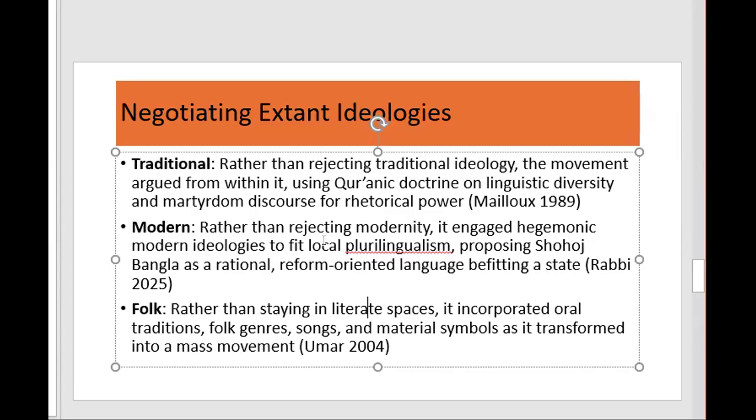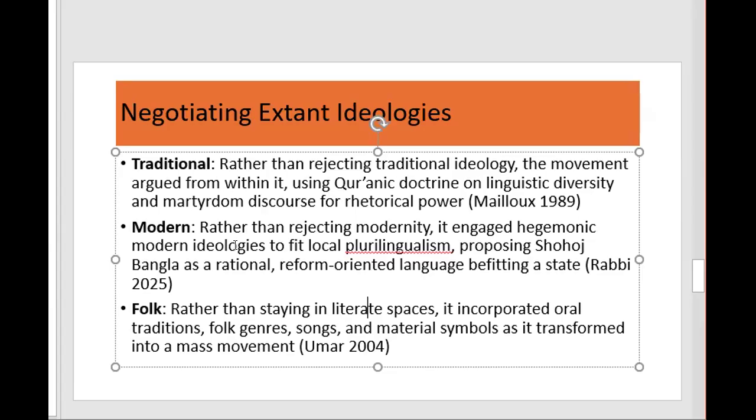And it would help functionally make the state work better. That was the argument they were making, that Bangla was actually more of a modern language than Urdu because of the scriptural affordances that Urdu didn't have, that Bangla did have. It was all of this stuff.